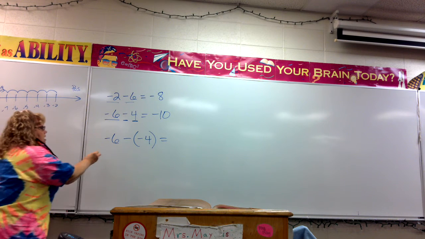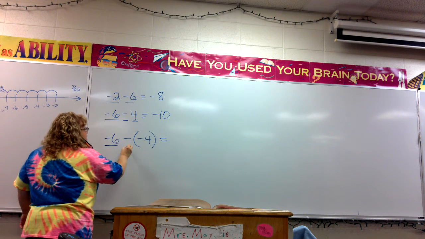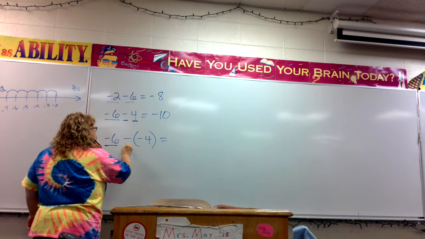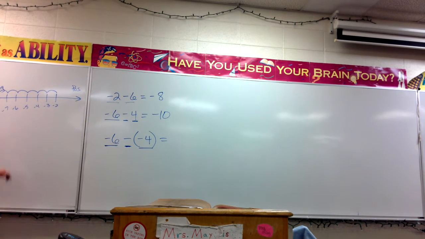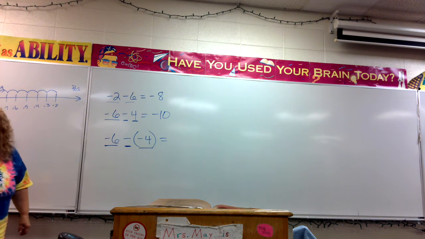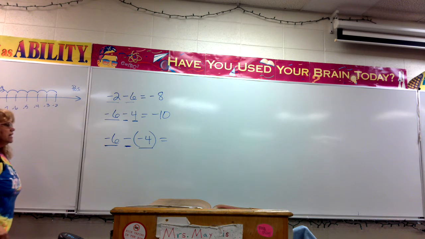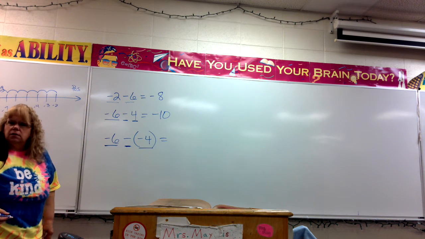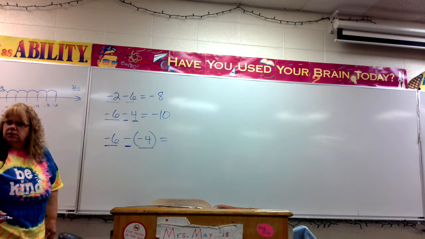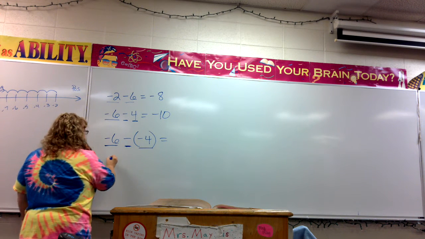But here, I'm at -6. I go in the negative direction, -4 units. That means I have to go the other way. So I don't know if you know it or if you want to just think of this: subtracting a negative is really adding it.